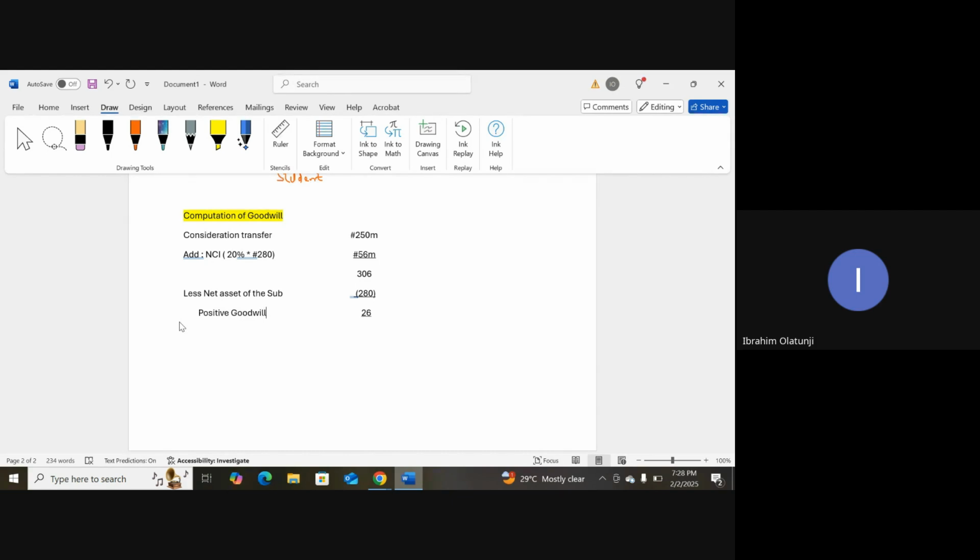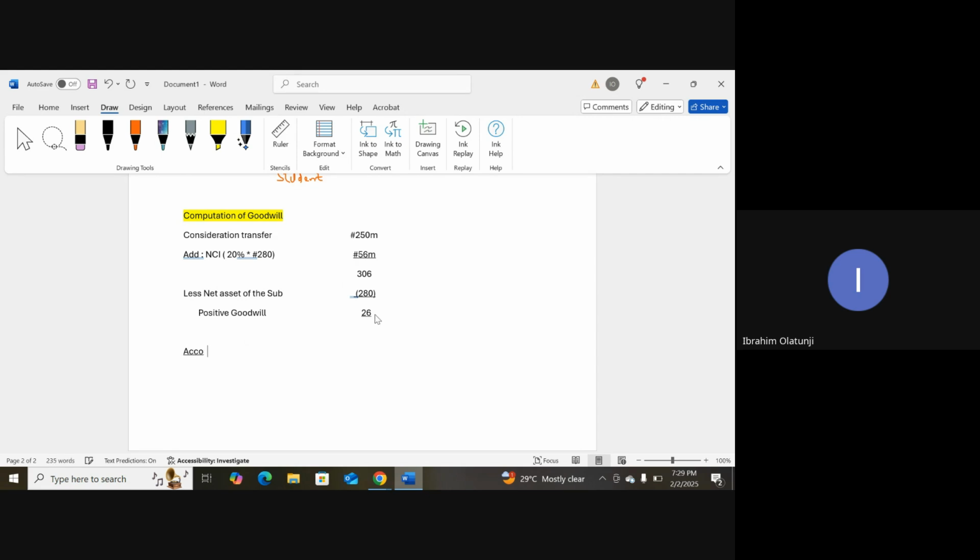If it is negative, we call it negative goodwill or gain on bargain purchase. Either you call it gain on bargain purchase or negative goodwill. So this is the goodwill that they ask us to compute. It's a positive goodwill. Then we can now think of the accounting treatment.